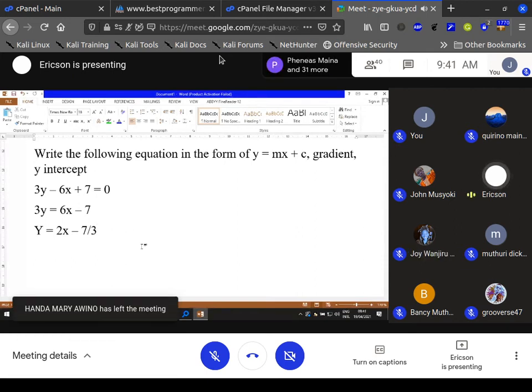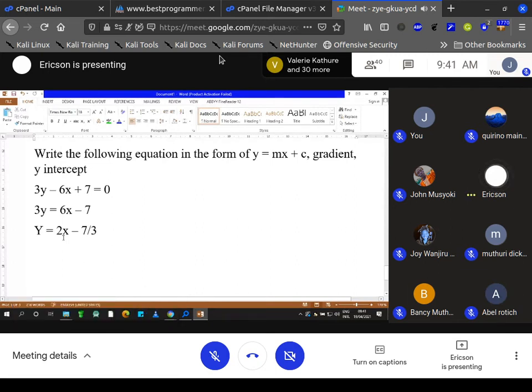That is, we pick x. When you are plotting a graph of a certain equation, you must have 2 points, call them point A and point B, and then join them using a straight line.